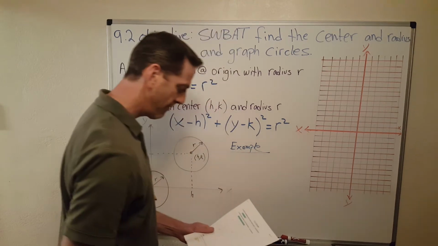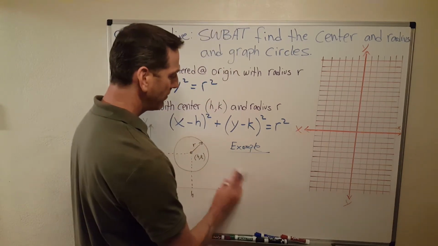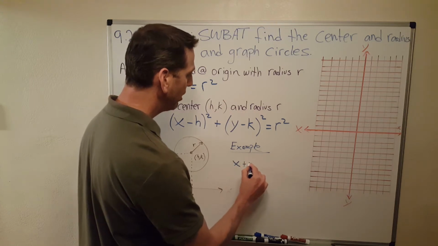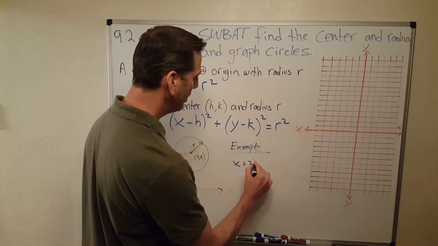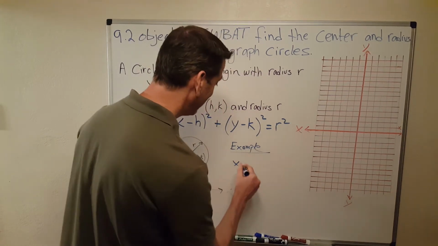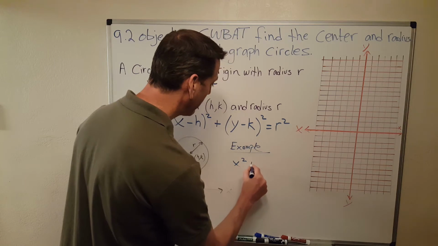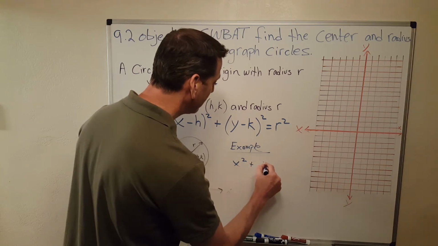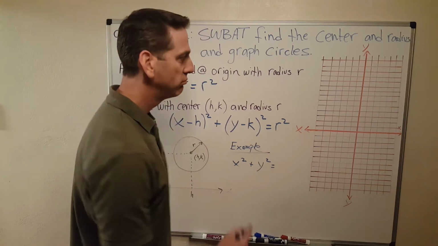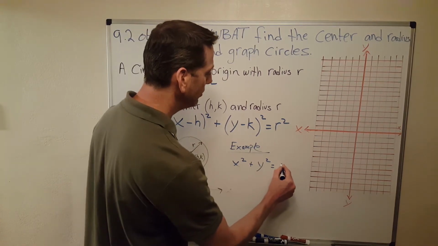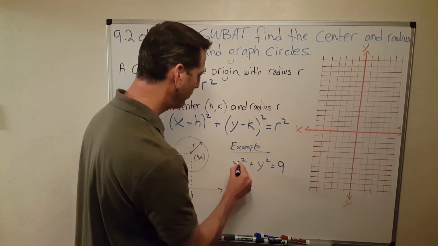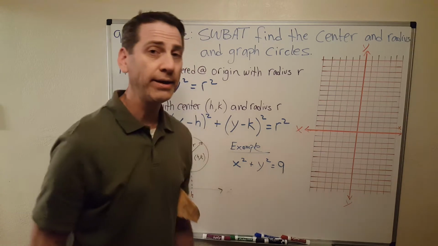Let's say I have an equation that looks something like this: x squared plus y squared equals 9.